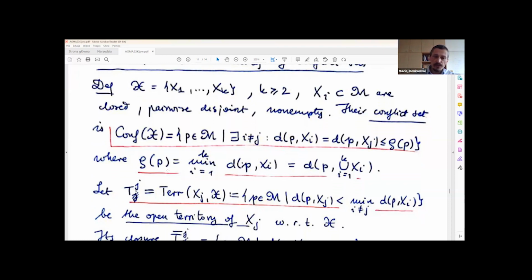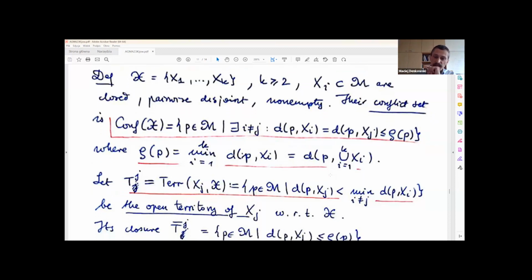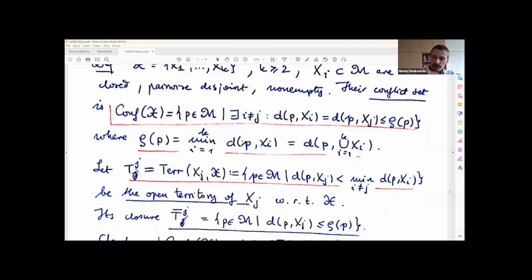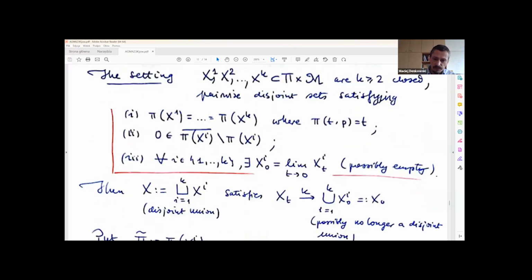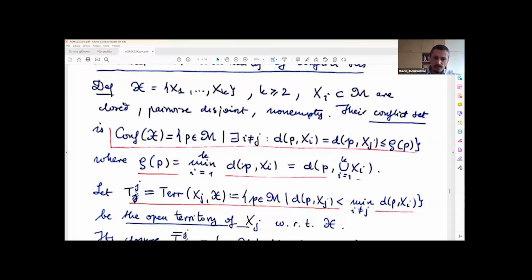Okay, it is also useful to introduce the notion of territory. The open territory of a set xj with respect to the family X is the set of points that are closer to xj than to the remaining sets. When you take its closure, it has this nice description with a weak inequality that you see here at the bottom of my page.